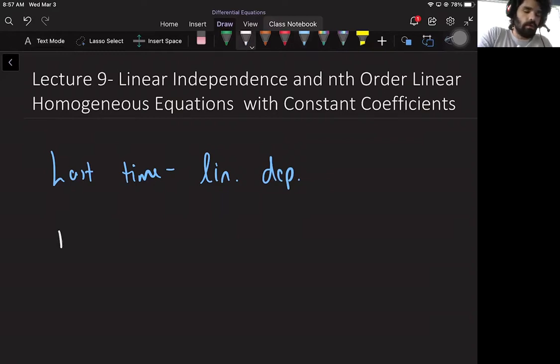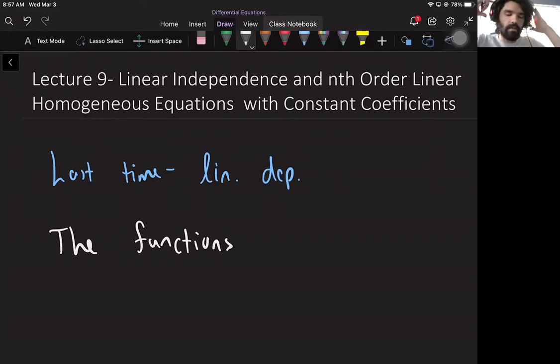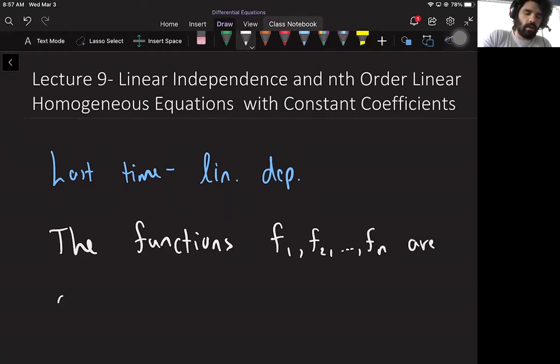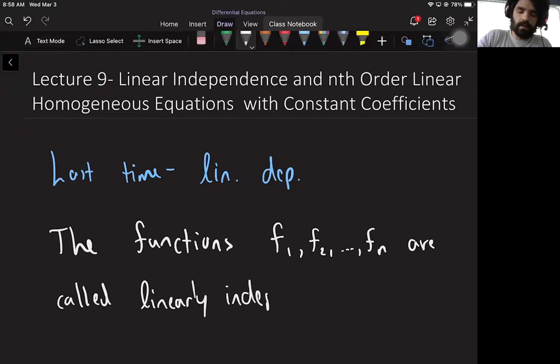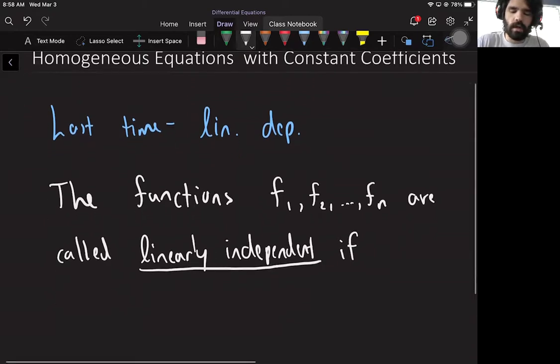Last time we talked about a whole bunch of functions together having this property of linear dependence. So now we're talking about a big list of functions, f1, f2, up to fn, having a property again, but they are called linearly independent instead of dependent if, so it's the opposite of dependence.